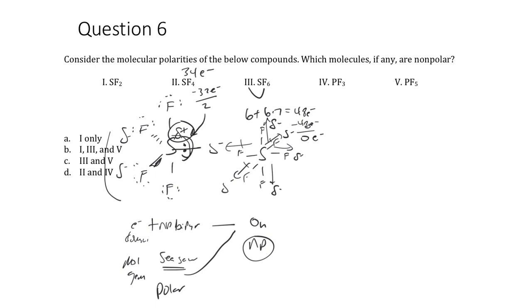If you go to PF5, now PF5 is a case where with fluorines around the phosphorus atom, you have a stable compound that can form where we have fluorines all the way around, 5 plus 5 times 7 for 40 total electrons. So I have 8 electrons around each of the fluorines. That's all 40 electrons, none left over for the central atom.